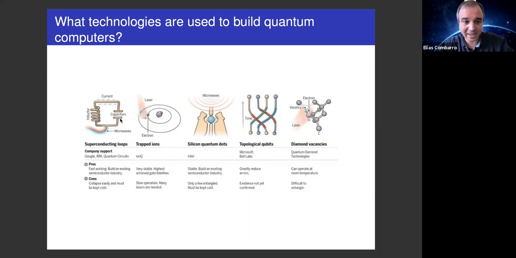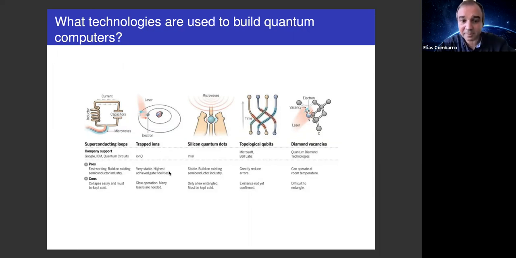But they have the advantage that they use the kind of technology that we use to build classical computers. So this is something that we know how to do fairly well. So this technology is more advanced than the others because it can piggyback on the developments of classical digital computers, okay? But probably this technology will be overcome by other technologies for implementing qubits.